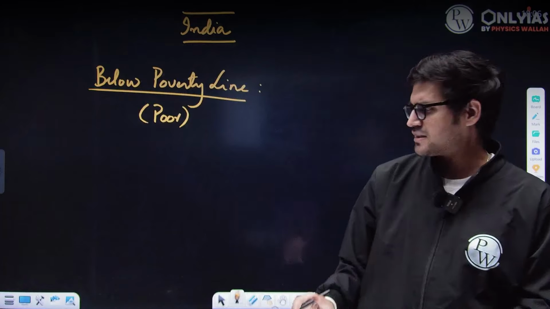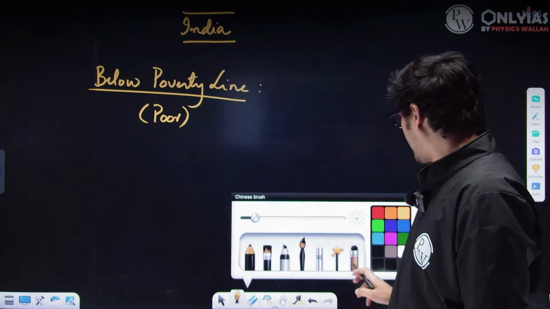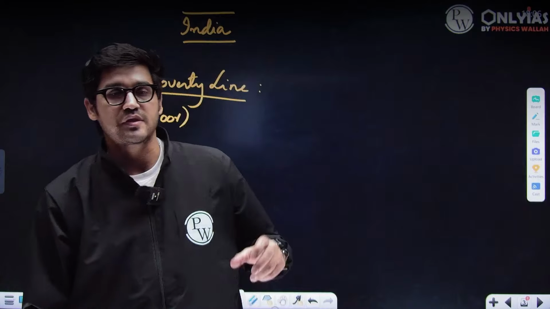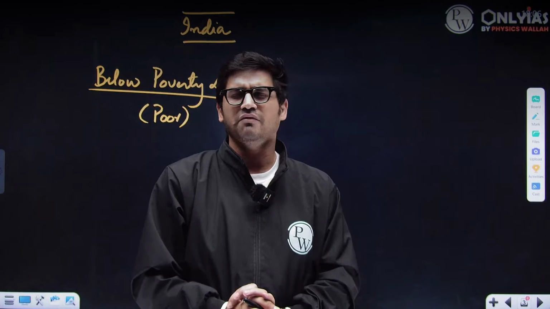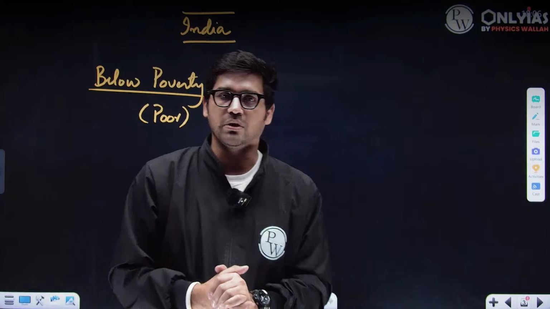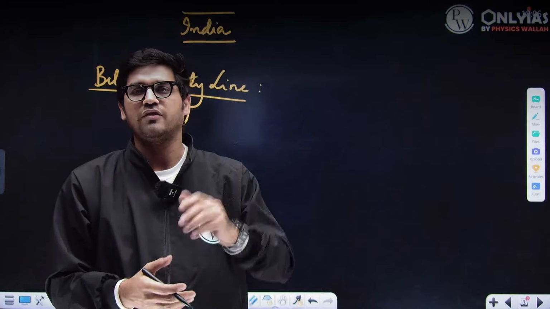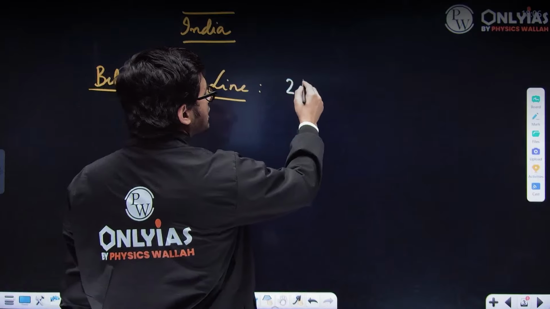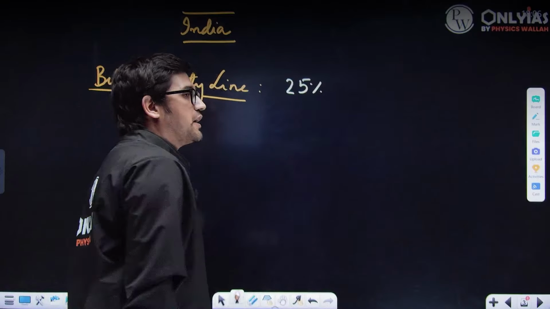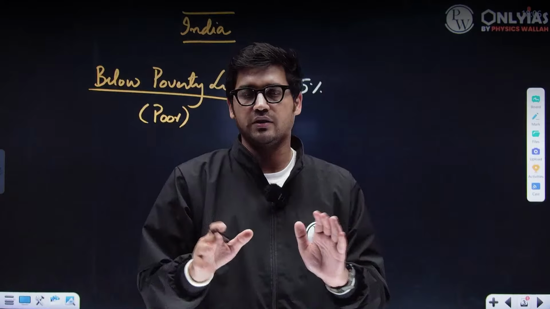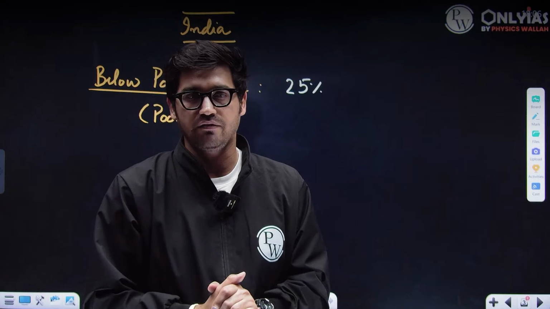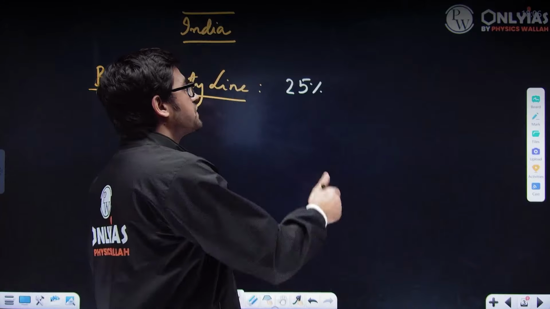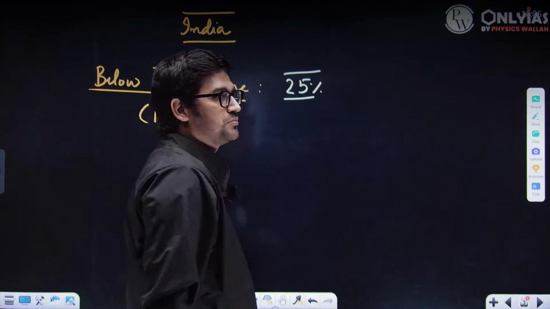Now, there are many estimates around this. The last few official estimates came after the Rangarajan committee, which was set up in 2013. We don't have to be accurate about this number. Let us think of a random number. Let's just say that in India, for the sake of supposition, 25% of India's population lives below the poverty line.